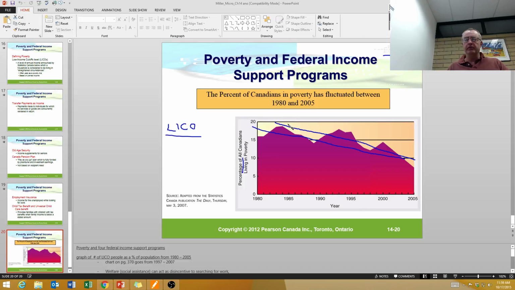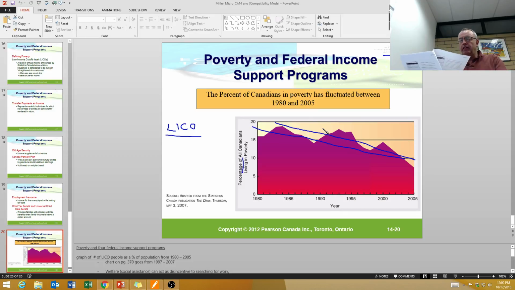So the provinces have adjusted their social assistance programs so that if someone on social assistance earns some employment income, there's not a one-for-one cutback in the level of social assistance. So there's that incentive for people to move into the workforce.